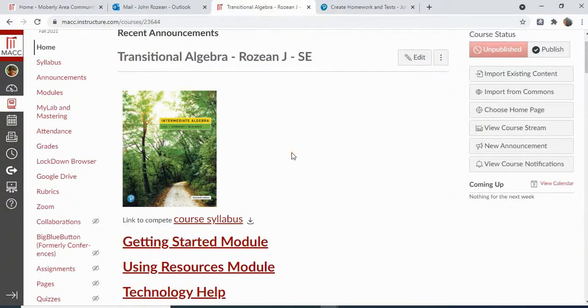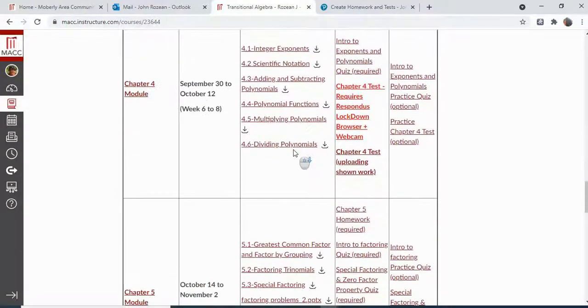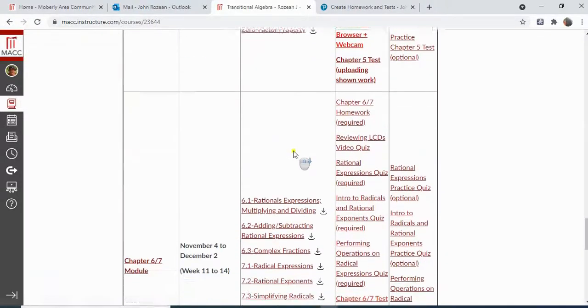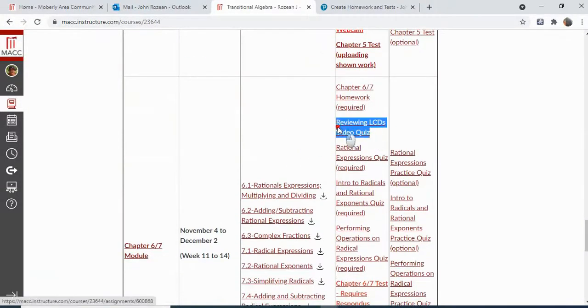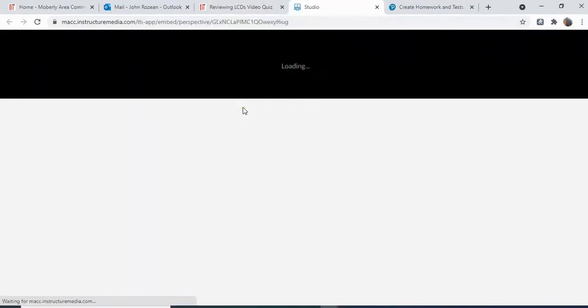All right, so we are in our Canvas course. If you remember, we did do a video quiz on this concept, and it was reviewing LCD, LCD being the least common denominator. So if you already did that, you can definitely still go back into it here.